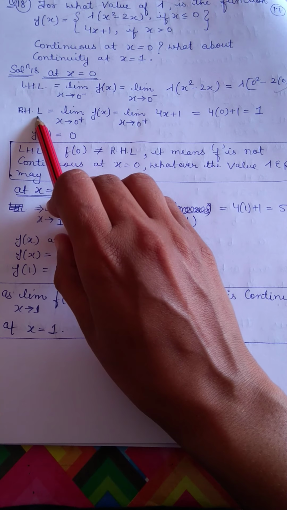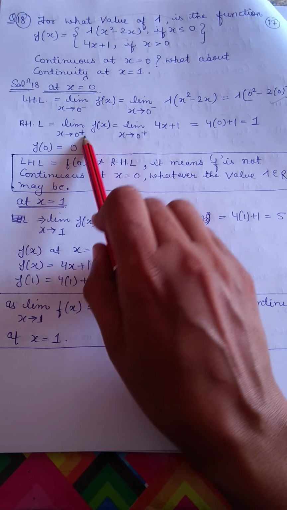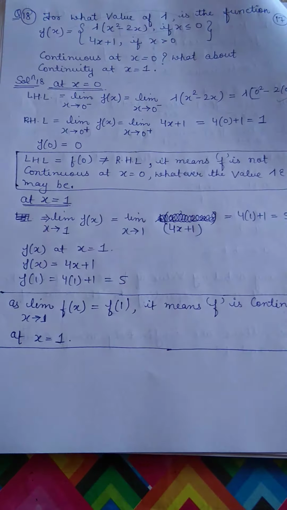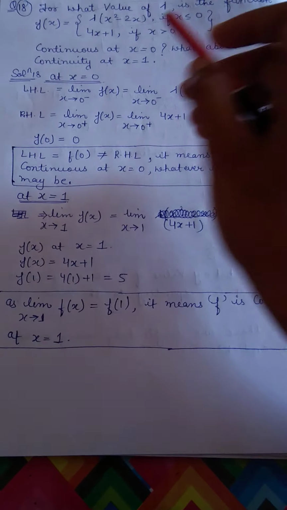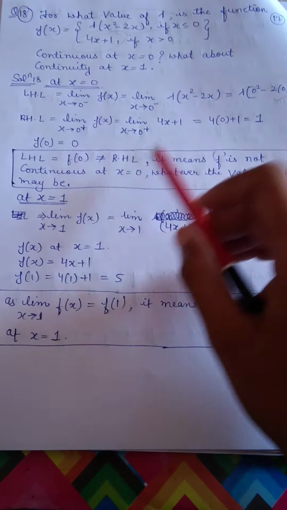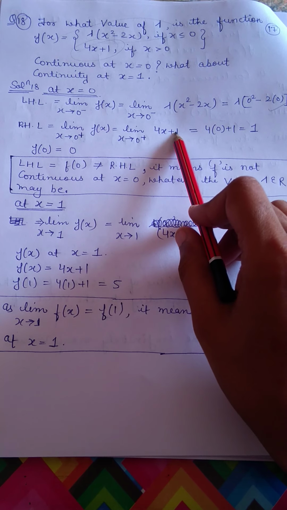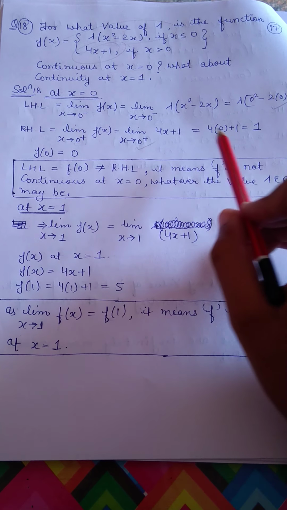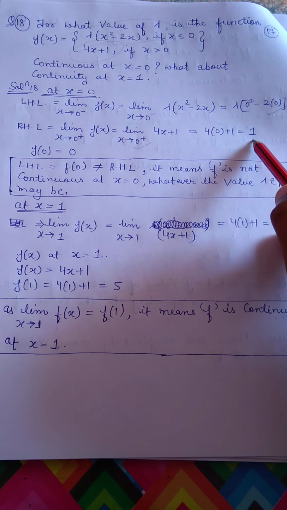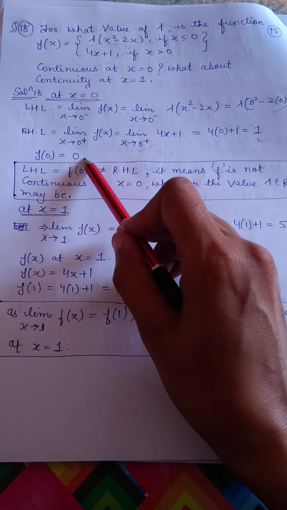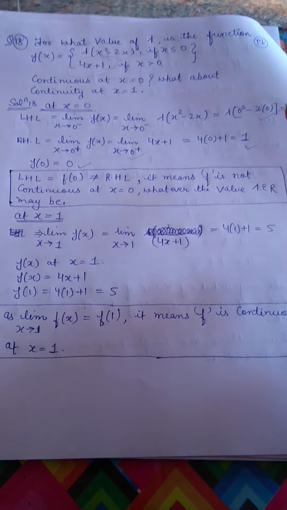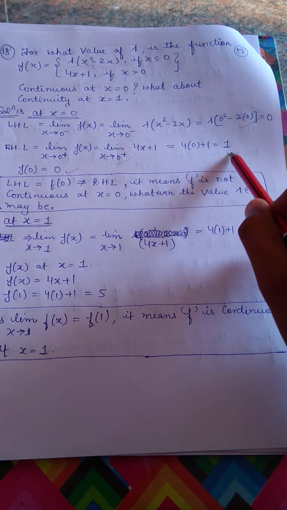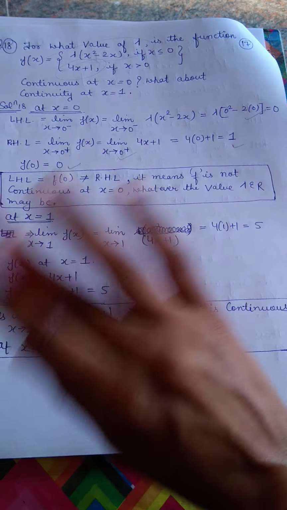In case of RHL, limit 0 positive, x is greater means approaching from more than 0. So it is 4x plus 1. When I put the value 0, I have got 1. And f(0) value again is 0.